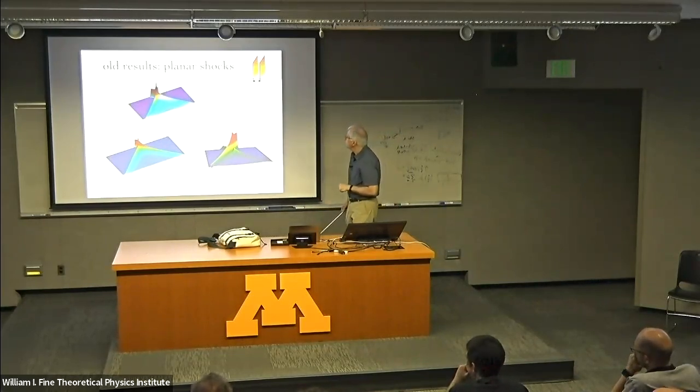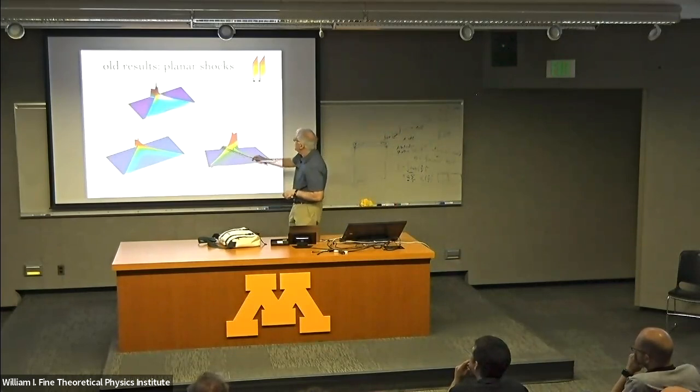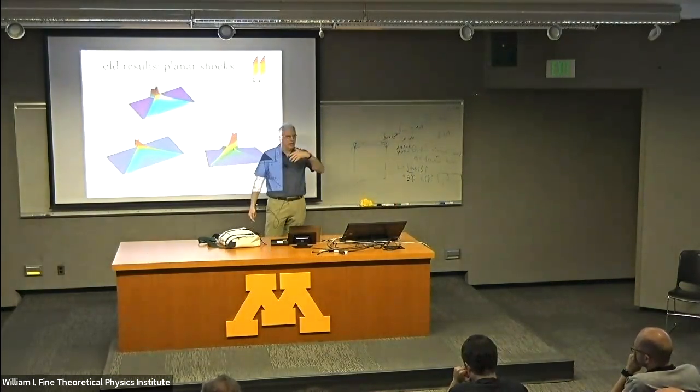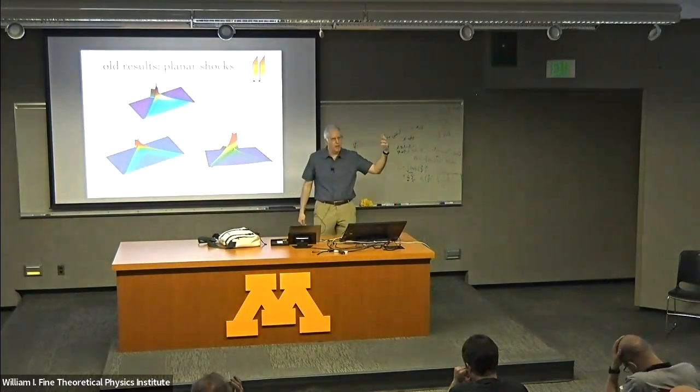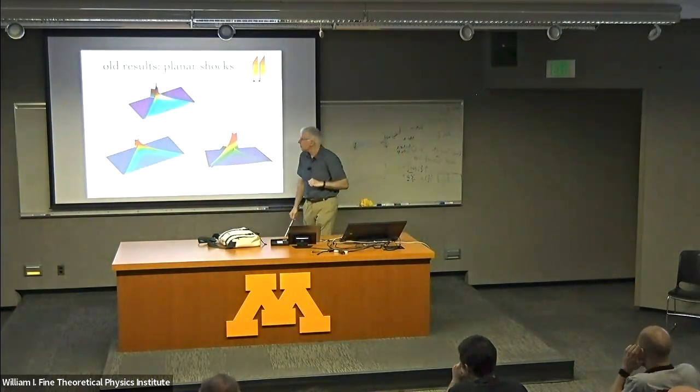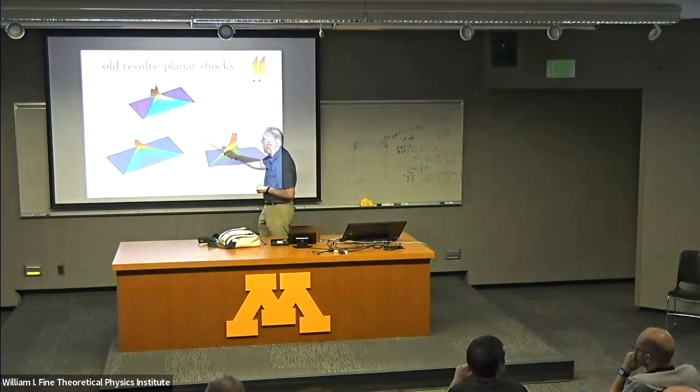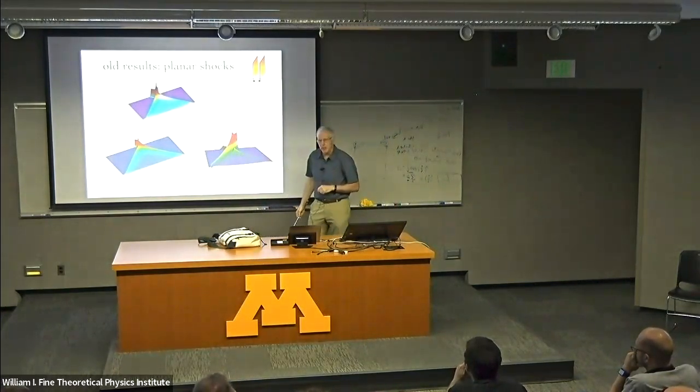And here are just a few pictures. So what you're seeing here is just a picture of energy density, which is extracted from the near boundary behavior of the metric as a function of time and the longitudinal direction of the collision.